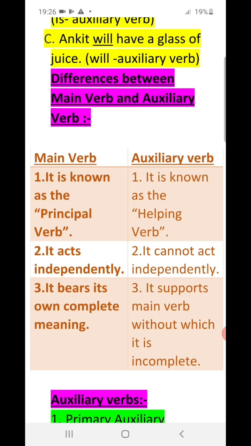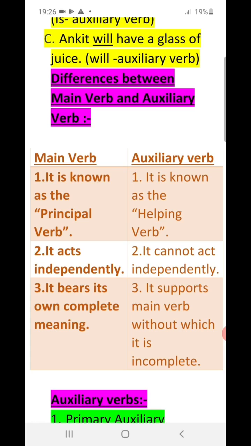So, it cannot act independently as it assists another word in a sentence.